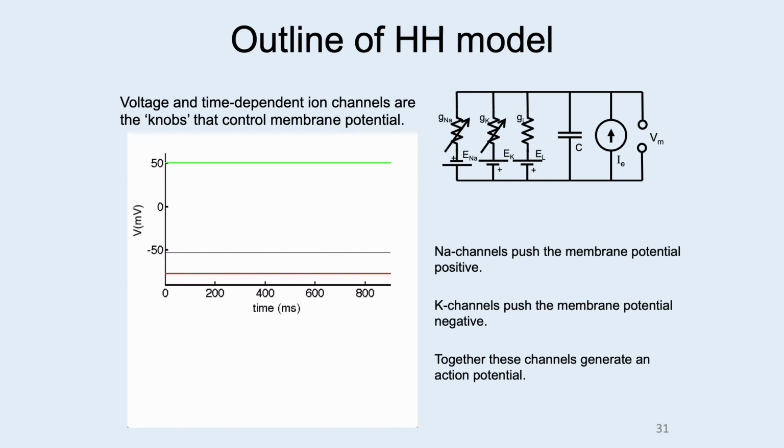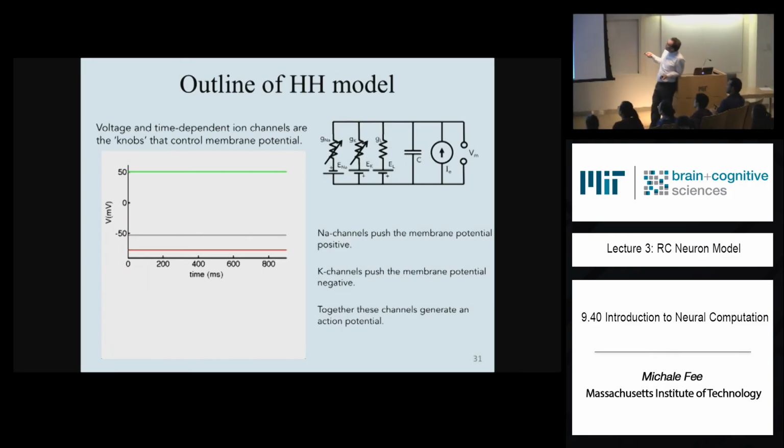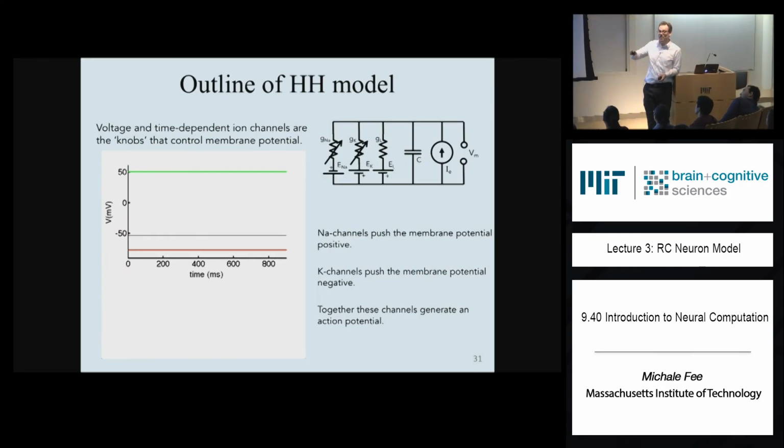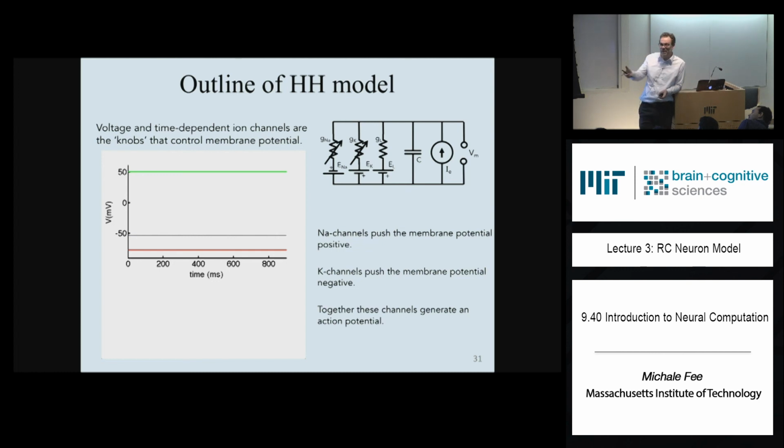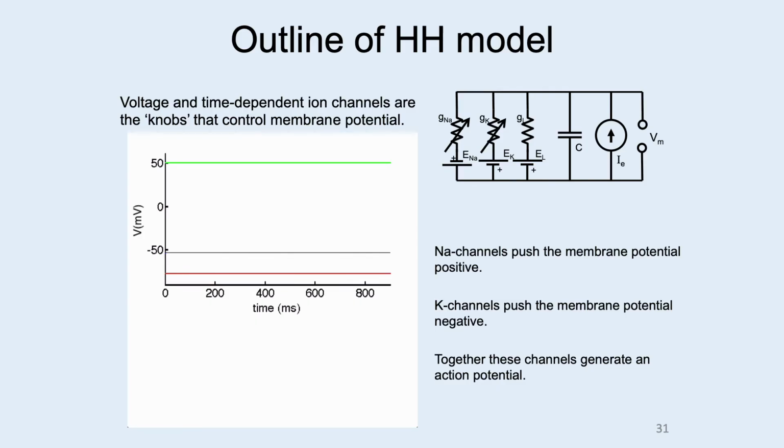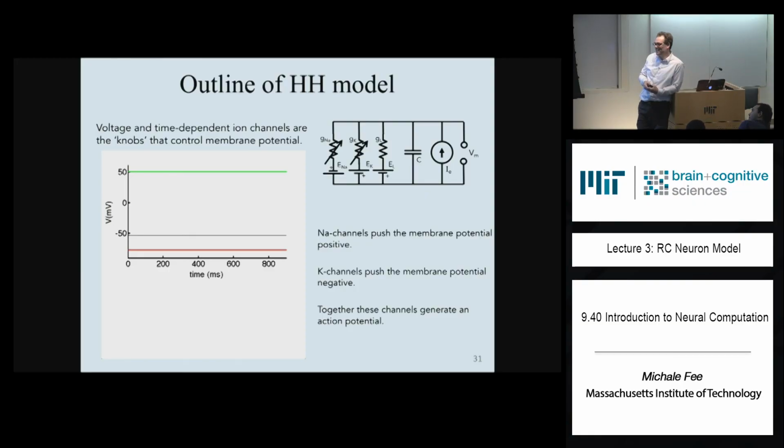Set those to 0. Those little arrows mean variable or adjustable. So we can imagine that we have our hand on the knob, and let's just turn those both down to 0. So what's the voltage in the cell going to be? What does the cell do?